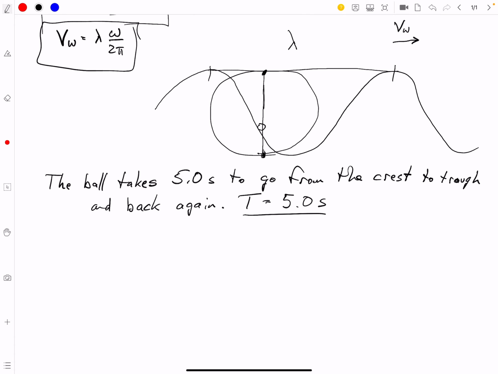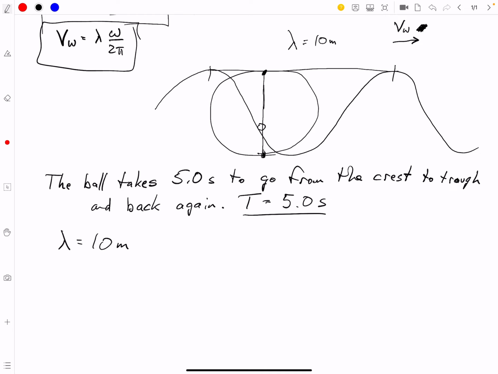And we know that, I guess we're given, I'm sorry, we're not given that. We're given that the crests are 10 meters apart. So lambda equals 10 meters.